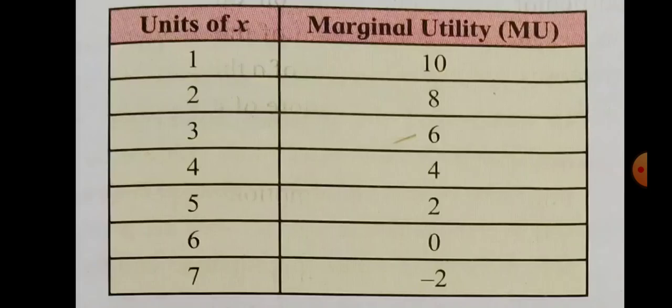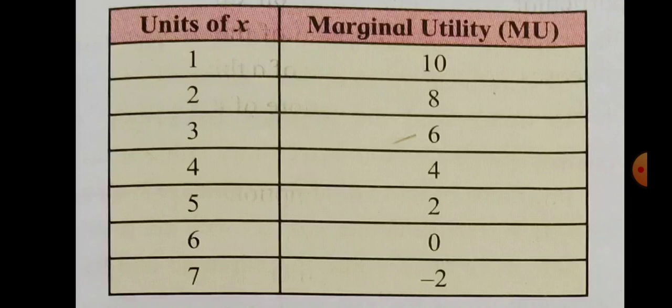Now let us see the explanation of the law of diminishing marginal utility with the help of this schedule. When the consumer consumes the first unit of commodity, marginal utility is 10. When the consumer consumes the second unit, marginal utility goes on falling, up to 8. Third unit, marginal utility becomes 6. Fourth unit, it becomes 4.